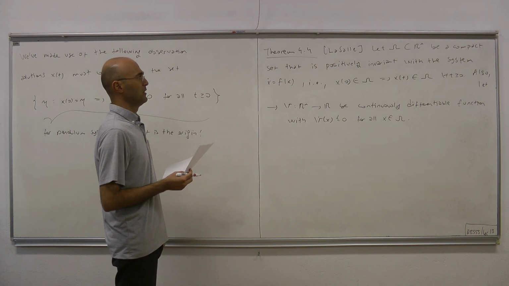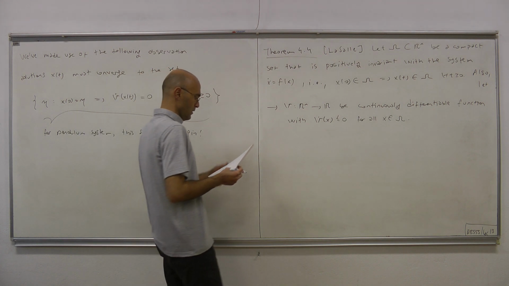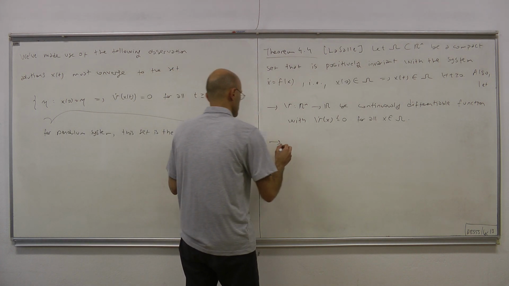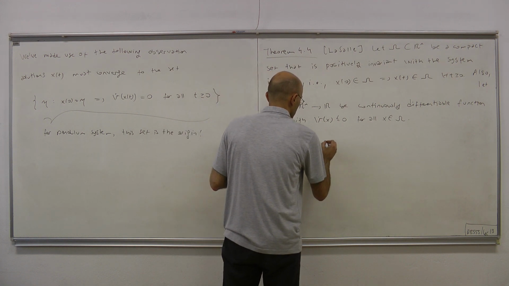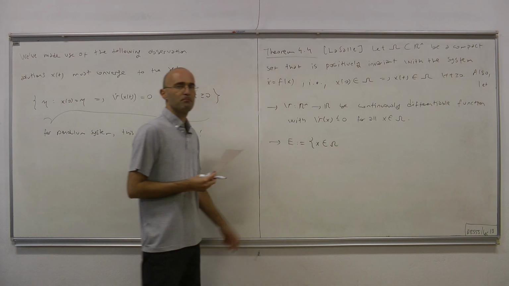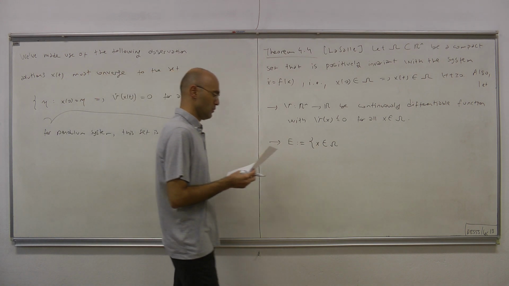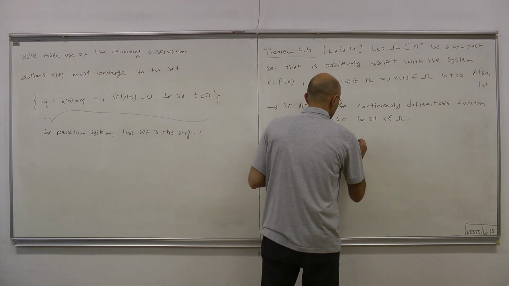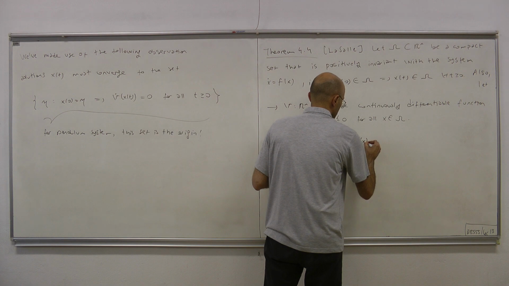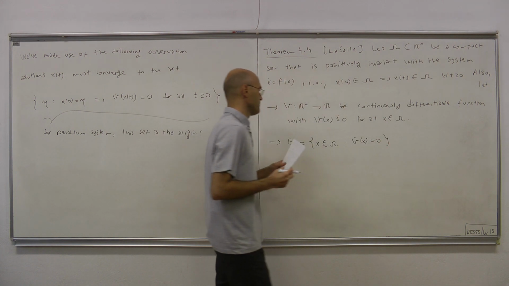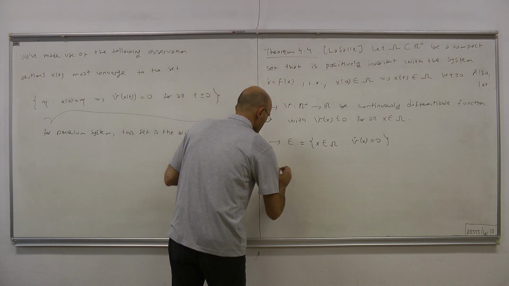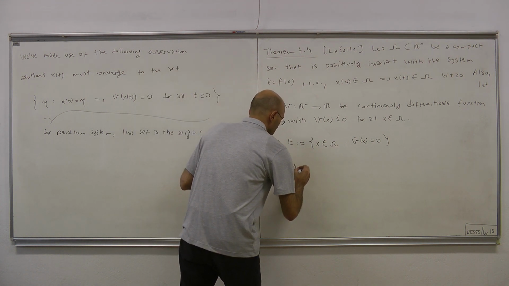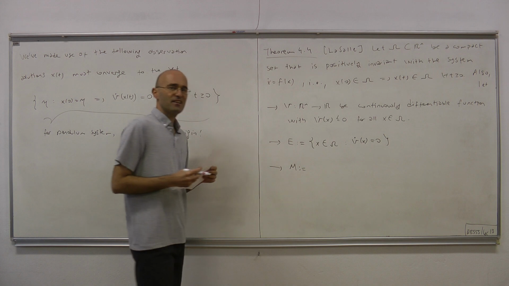that are directly related to stability of the origin. Let's introduce this set, which is called E, the set of points that belong to omega where V dot is 0. And then we define another set.